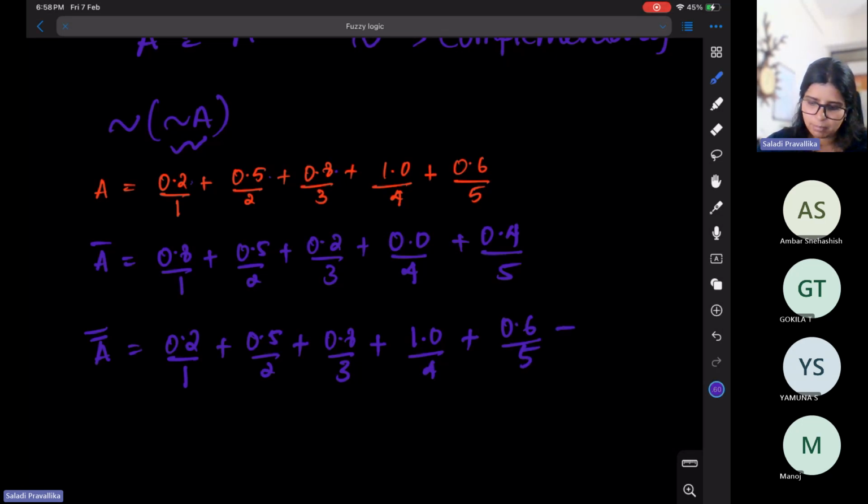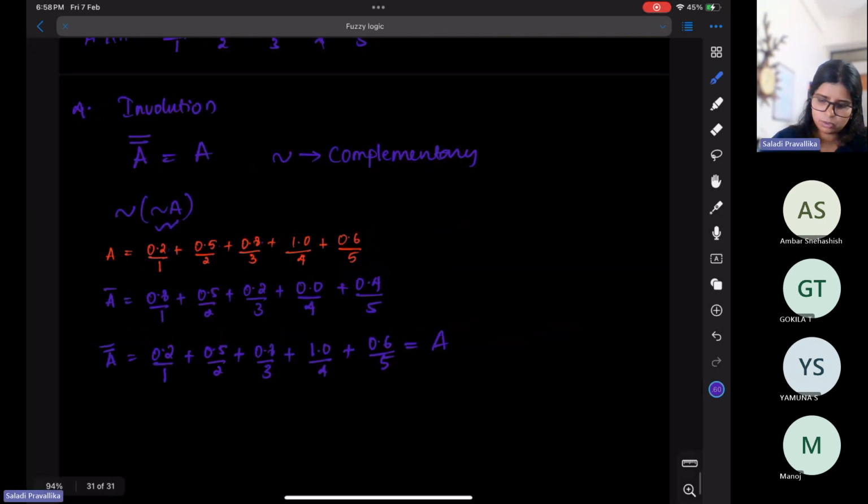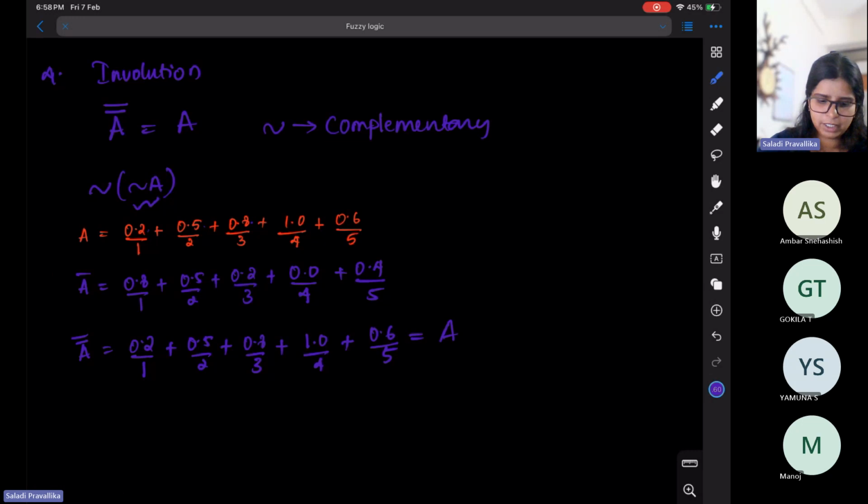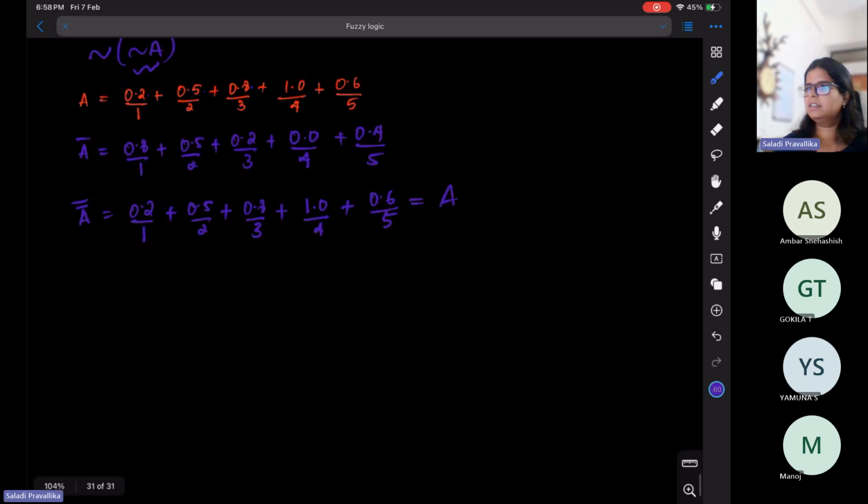So this is nothing but A only, right? A double bar is equal to A. So a fuzzy set also follows the property of involution, right?